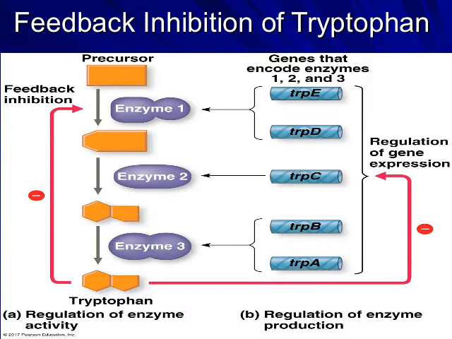You can see on the right-hand side those little blue striped pieces. Those are the genes that code for the enzymes of tryptophan. Okay, so there's trpA, starting at the bottom, there's trpA, B, C, D, and E. So that is 5 genes that encode for these enzymes 1, 2, and 3.